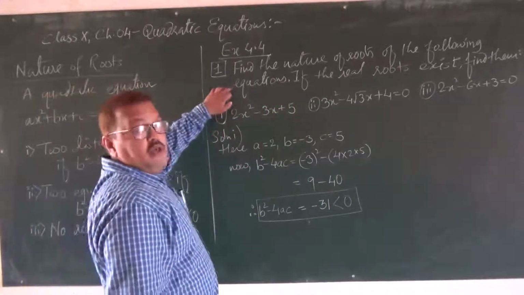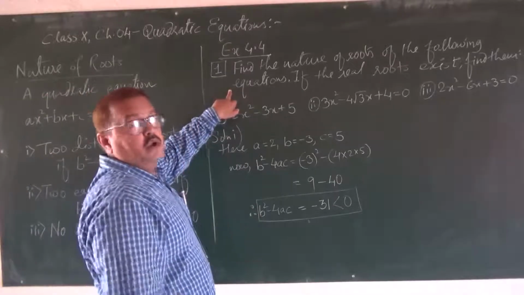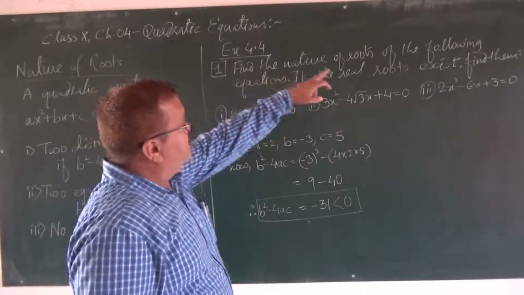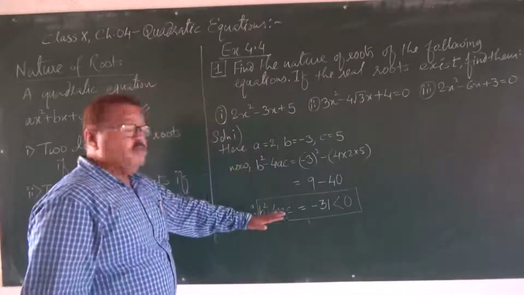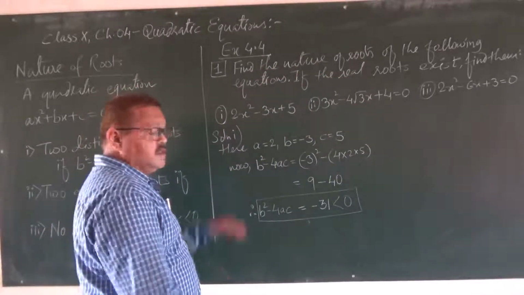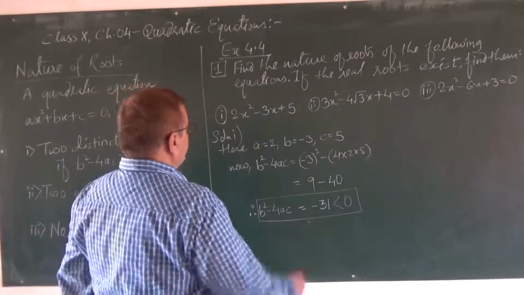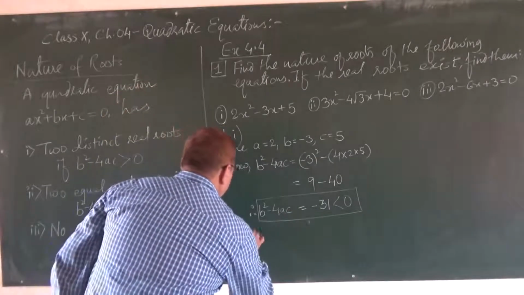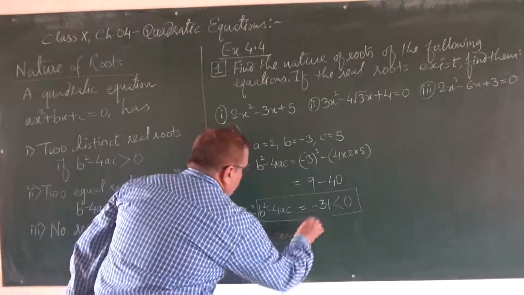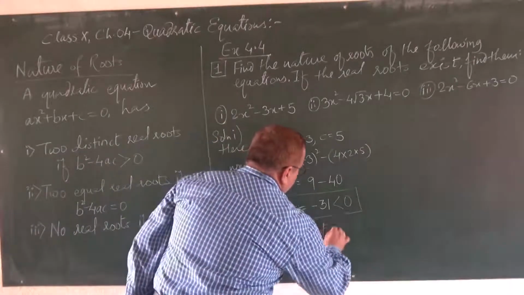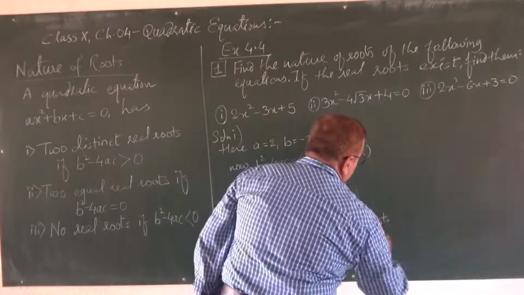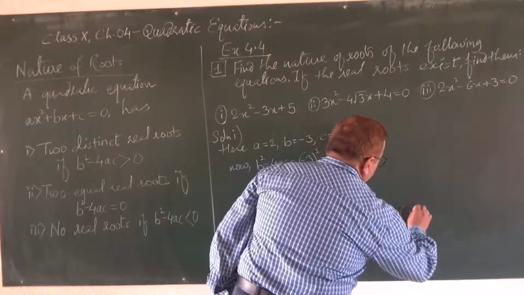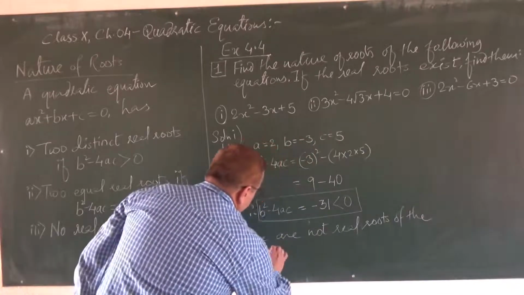See, in the question they have written equations, they have not used the word quadratic. So the nature of roots of the following equations. Here what we will write? b square minus 4ac is less than 0, so there are no real roots of the given equation.